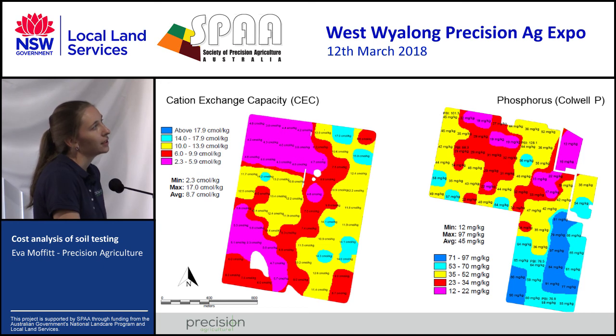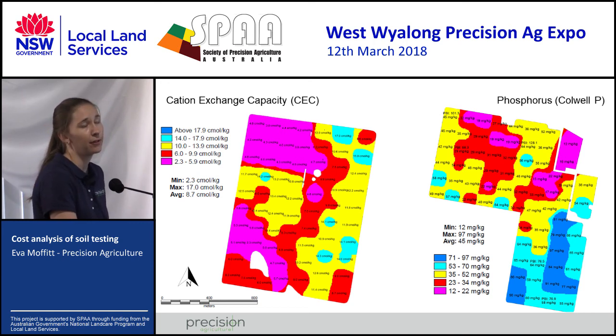The other one is phosphorus, so I'd say probably half of the data that I presented for the pH also got phosphorus analysed, and we are seeing quite variable phosphorus levels throughout our paddocks as well. So that may be something that you can manage.